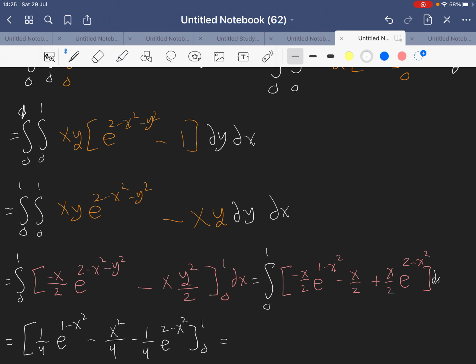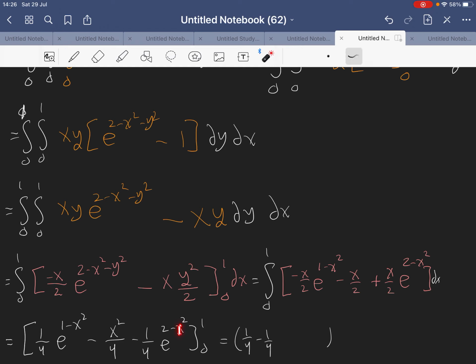Now, if we evaluate at 1, this will be 1 over 4 e power 0, which is 1, so we just get 1 over 4. If we substitute 1, this is negative 1 over 4.